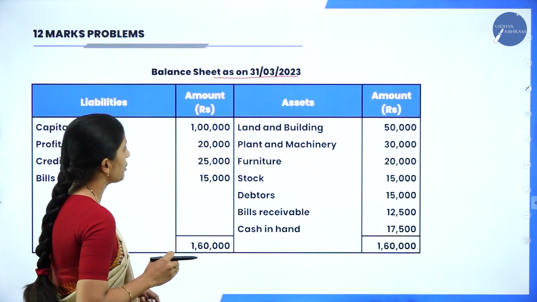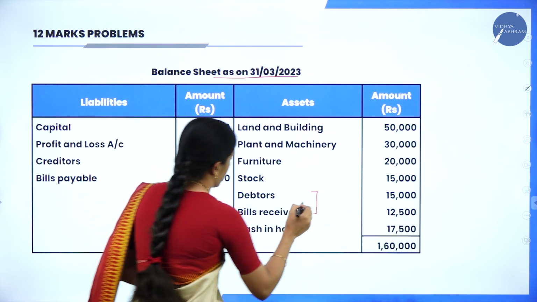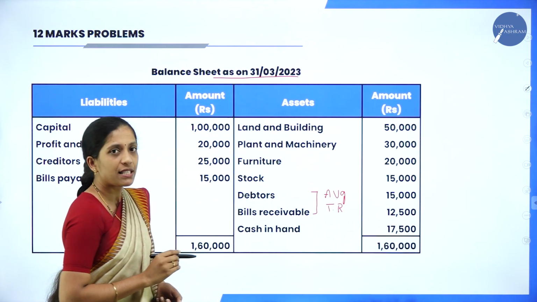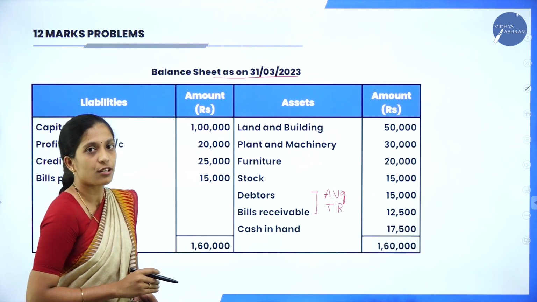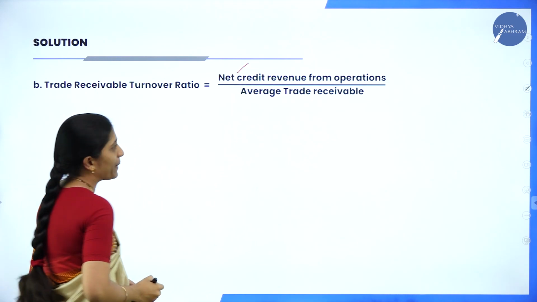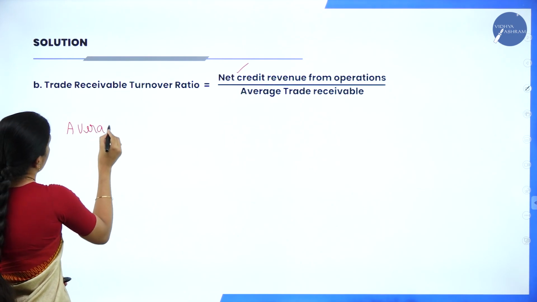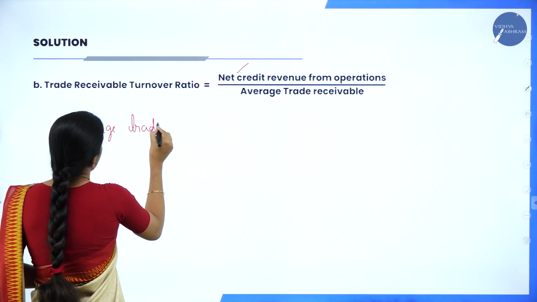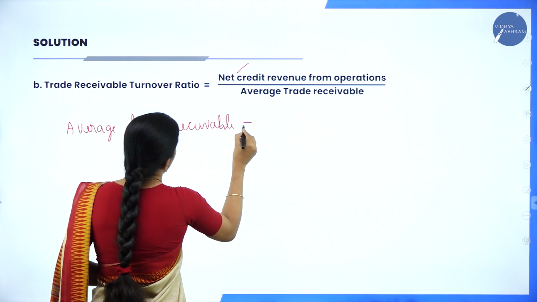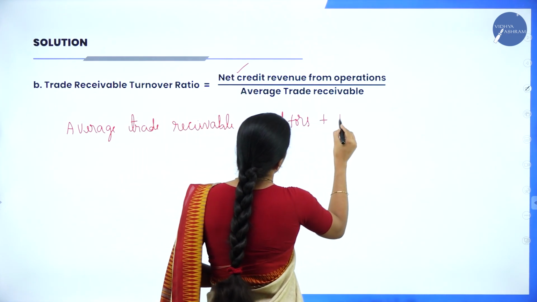So how to find out average trade receivable? Debtors plus bills receivable will be average trade receivable. So that is 15,000 plus 12,500. So we know net credit revenue from operation, that is your sales. We have to find out average trade receivable. Average trade receivable is equal to debtors plus bills receivable.